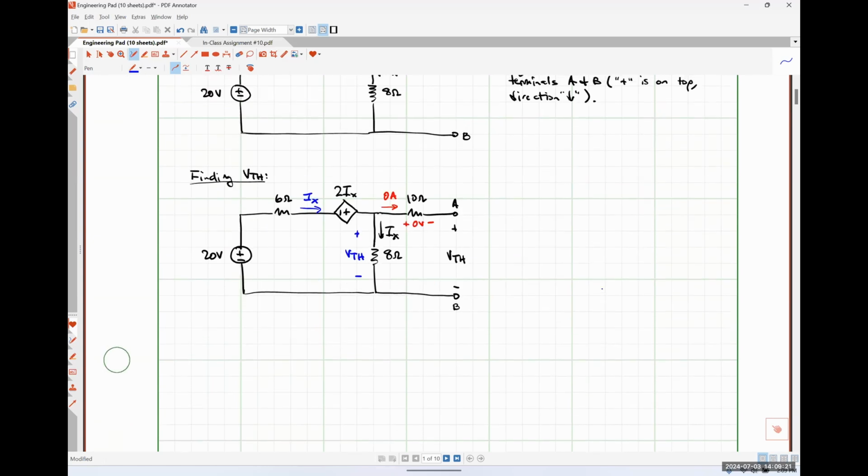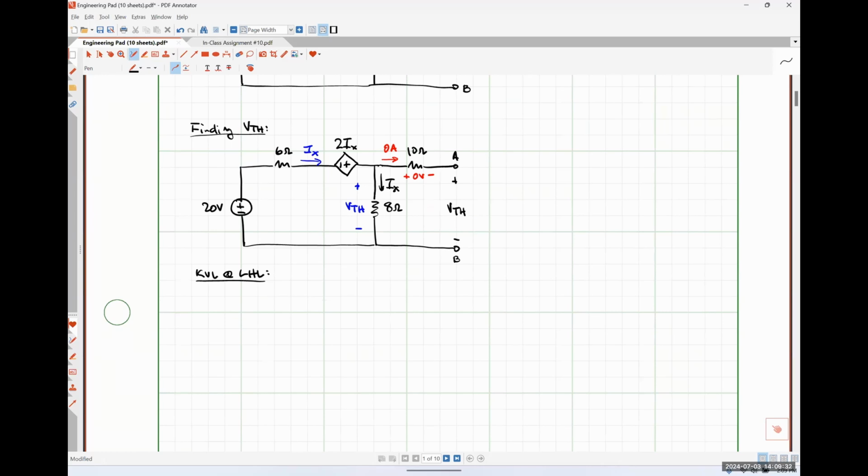So if we were to write a Kirchhoff's voltage law equation, KVL around our left-hand loop, what we would wind up getting would be negative 20 volts plus 6 ohms times Ix minus twice Ix plus 8 ohms Ix is equal to 0. And we can rearrange this pretty easily to say that 6 plus 8 is 14 minus 2.